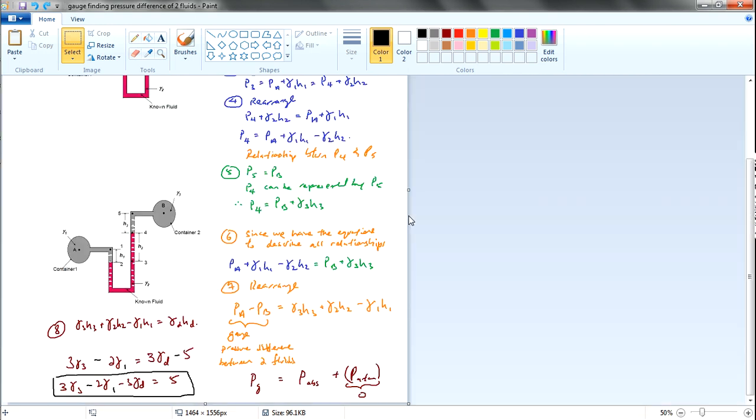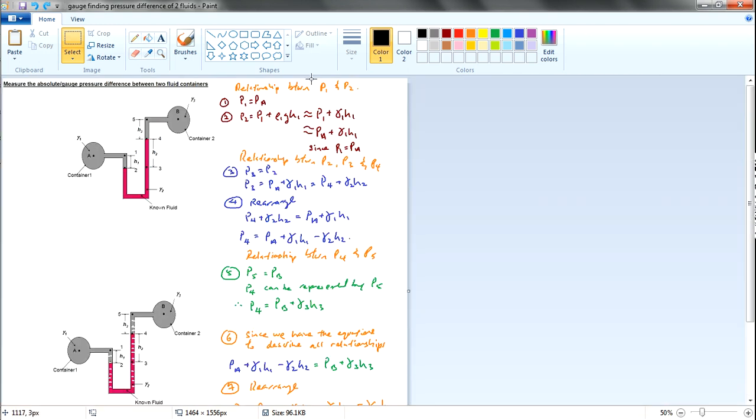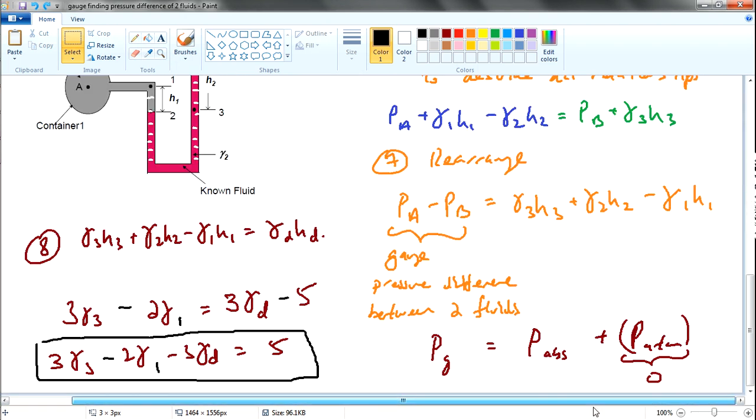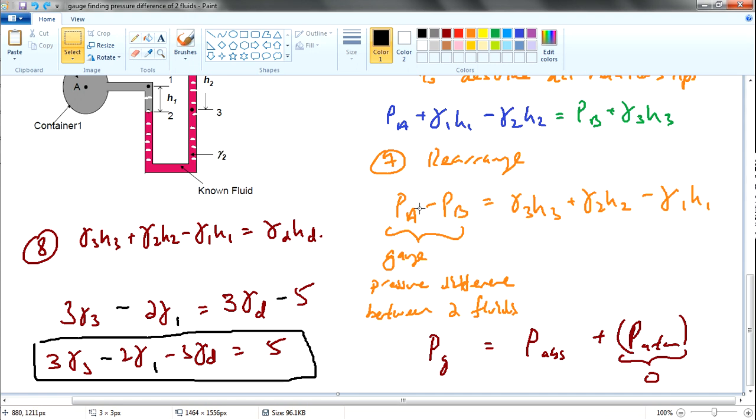Because I've described, you see there's a relationship between P and P2, this one is P2 and P3 and P4, this one is P4 and P5. So you can see that I've included all 5 points inside. Maybe in the test, you can write down the relationship between all of them, and then see whether your equation is correct. Then you rearrange, and you can get your P gauge.